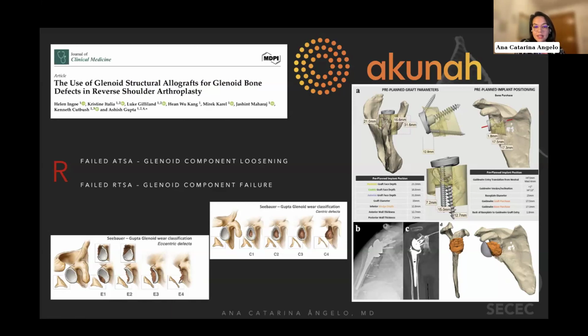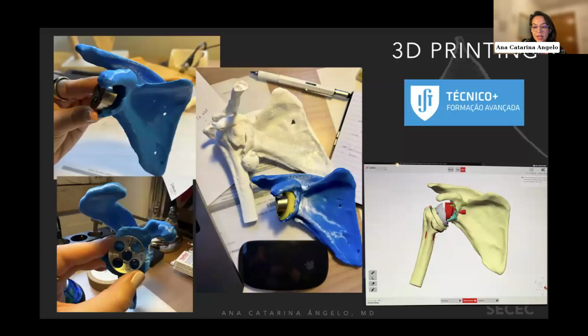And this is a paper from the team of Ashish Gupta, who is doing a great job with the software Acuna, where they have all these tools to help you really plan these cases in order to decrease the number of failures and to increase your results.